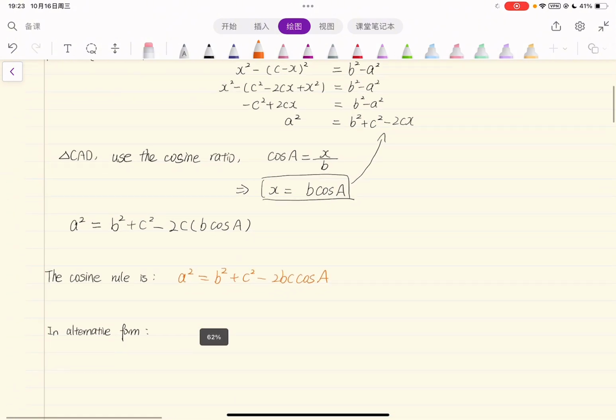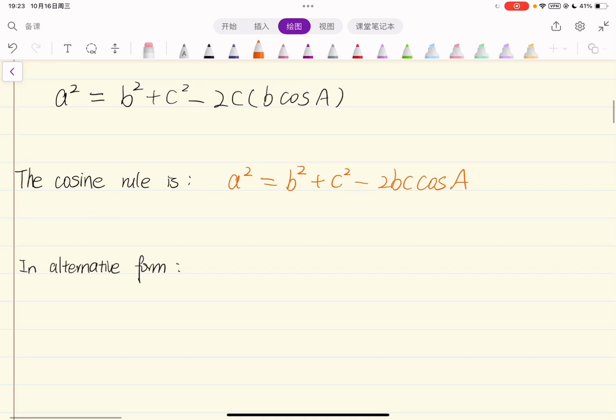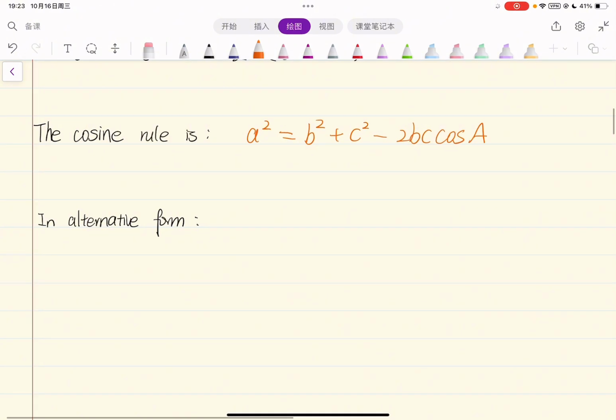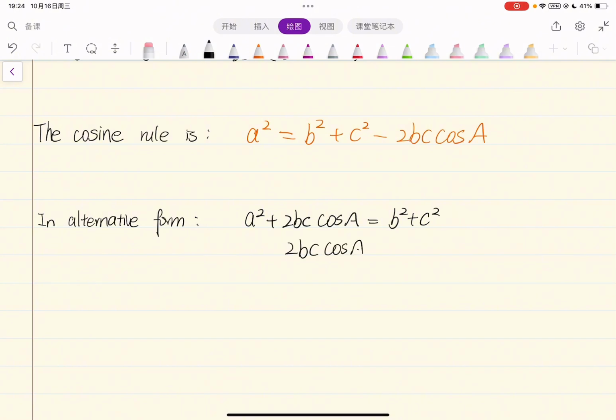Also, there is another form of the cosine rule. Since we have a squared equals b squared plus c squared minus 2bc cosine A, we can also write a squared plus 2bc cosine A equals b squared plus c squared. So 2bc cosine A equals b squared plus c squared minus a squared.